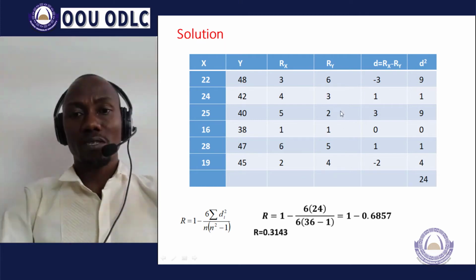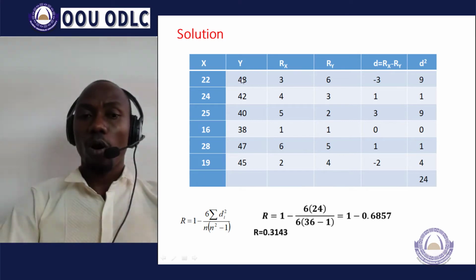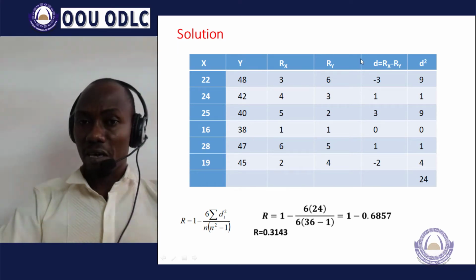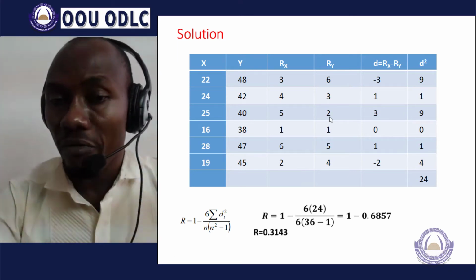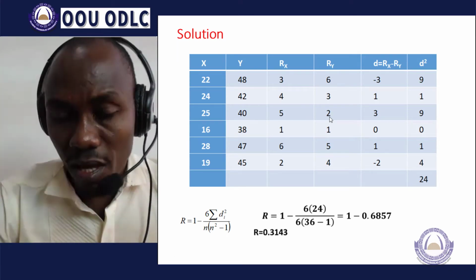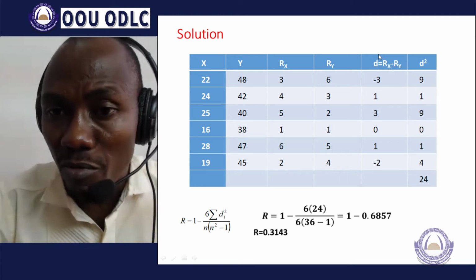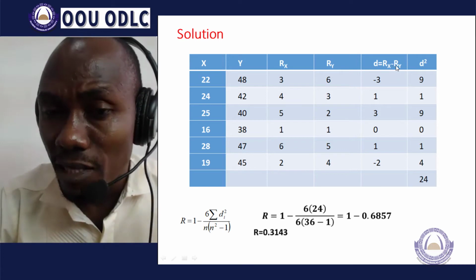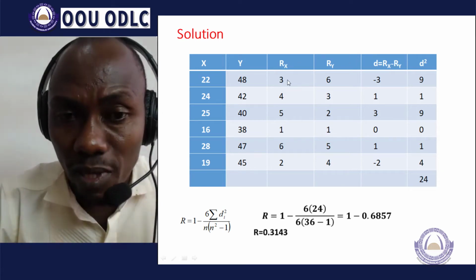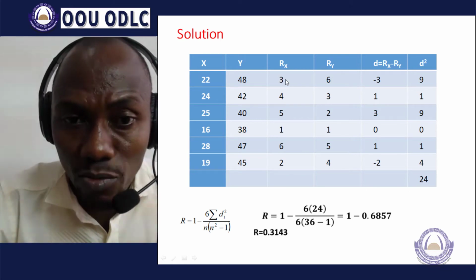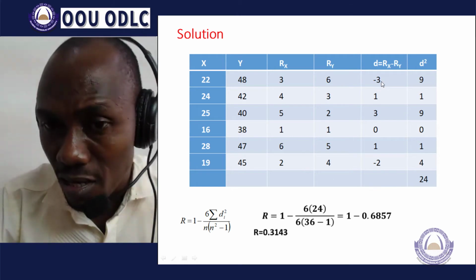The fourth column presents the ranking of the values of Y. Here, the ranking follows the same method, just the way we did for the ranking of X values. The fifth column, represented with D, equals the difference between the ranking of X and Y. The difference between the first observation, 3 and 6, is minus 3.